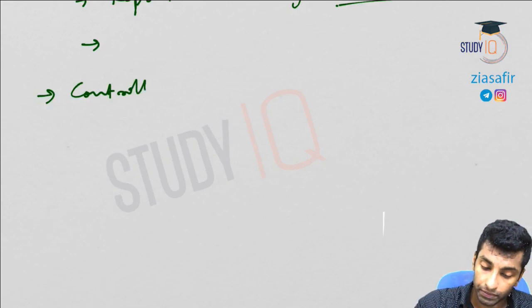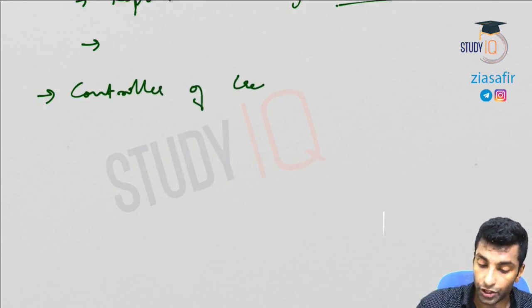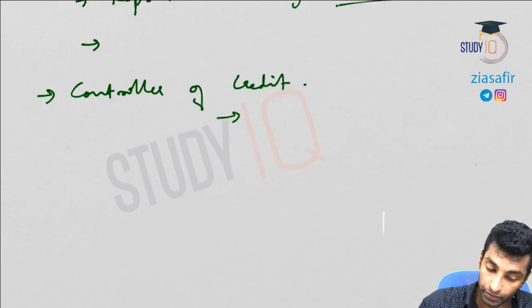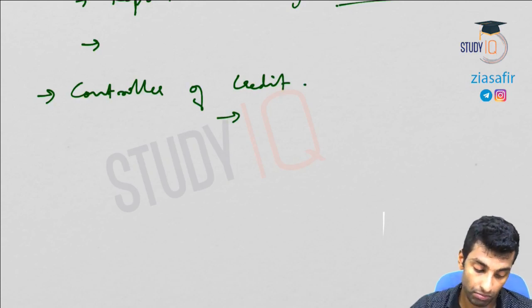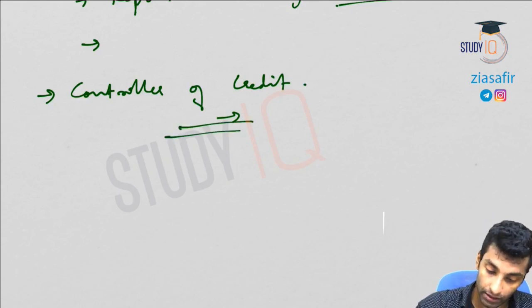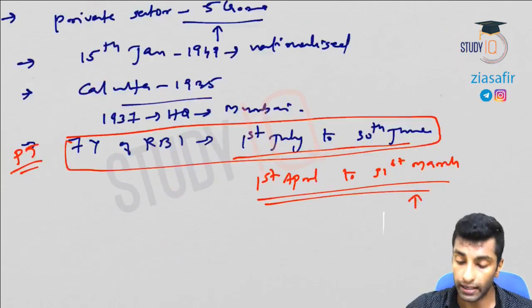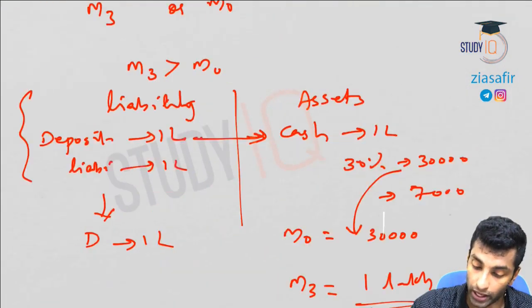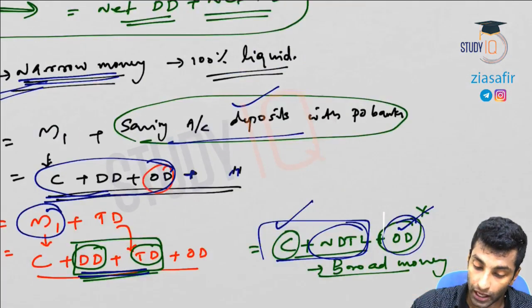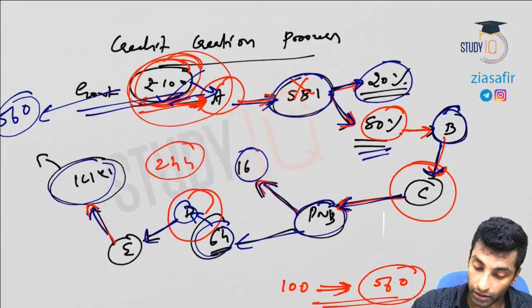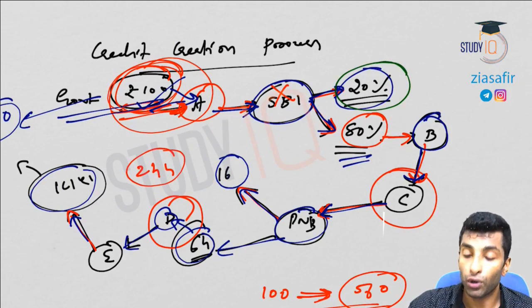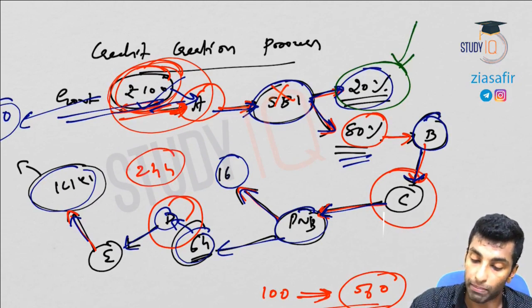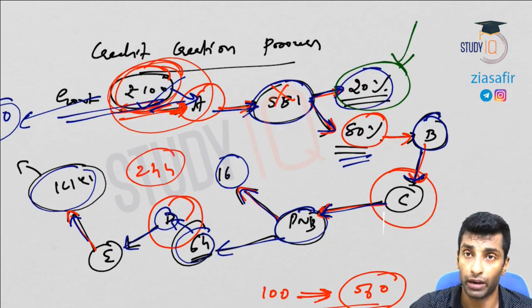Controller of credit. It regulates the credit creation capacity of banks through monetary policy, right? We have discussed the credit creation process here. So how can RBI regulate it? As I have told you, 20% is kept with the banks to maintain the statutory requirements.